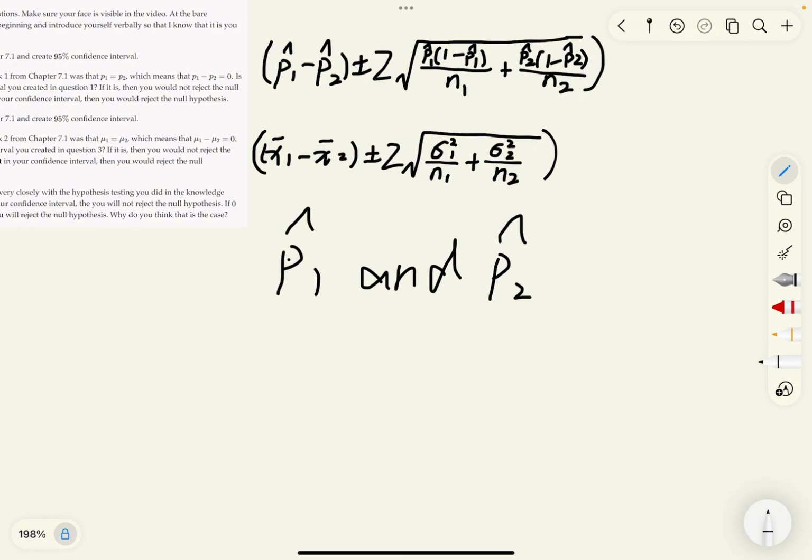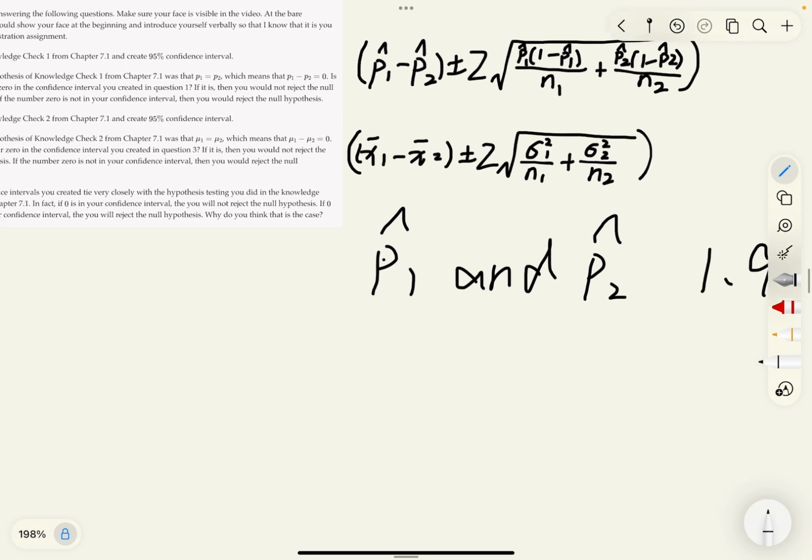Z is the value for a 95% confidence level, approximately 1.96.